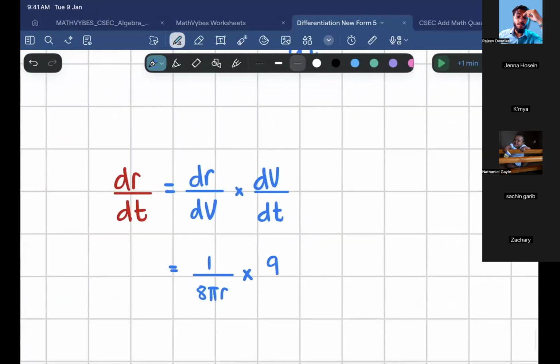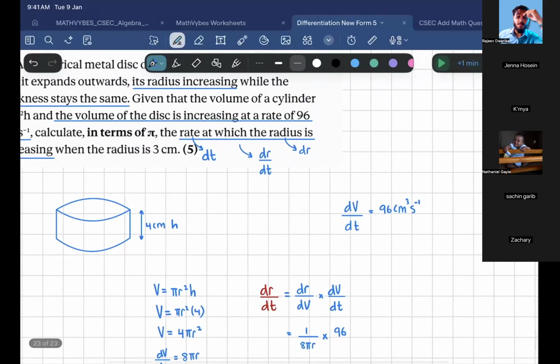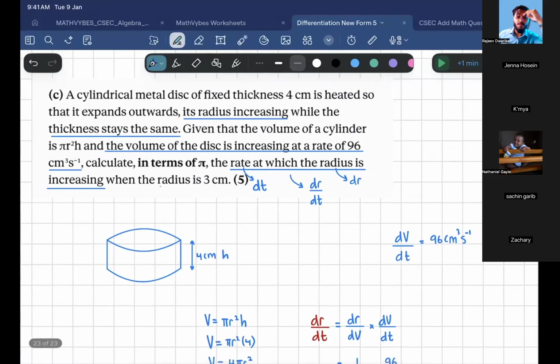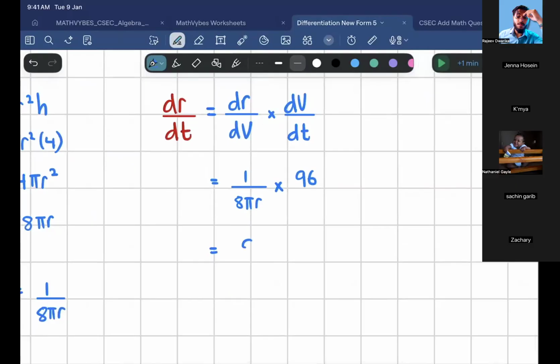Now remind me, in the question, they said when the radius is 3 centimeters. So 1 times 96 is 96, and that's going to be 8 pi by what, Jenna? 8 pi by 3. Yep.